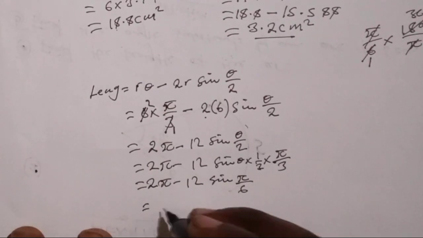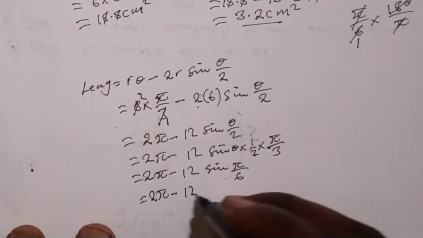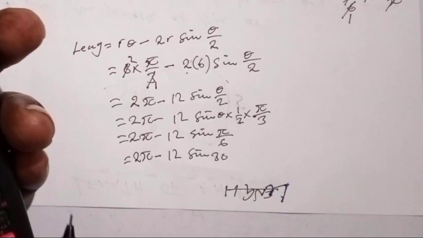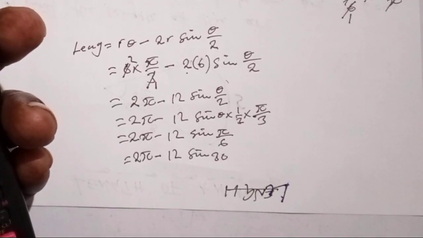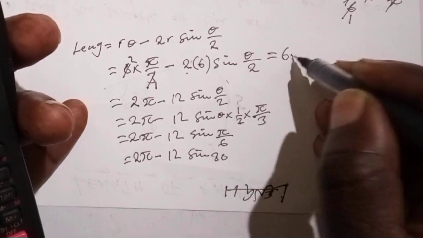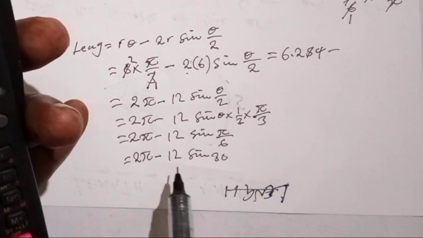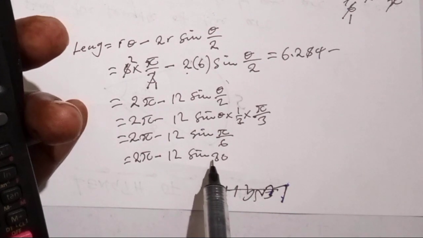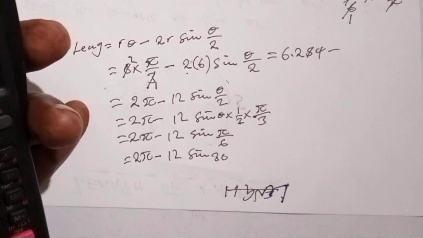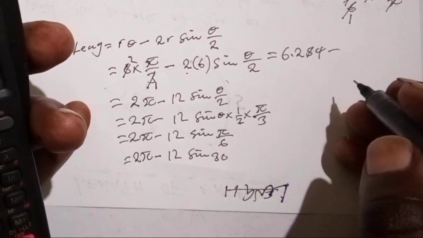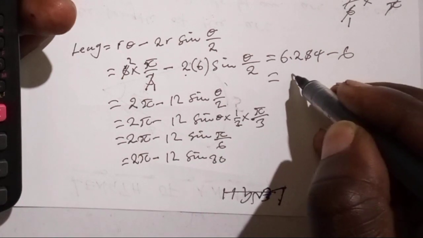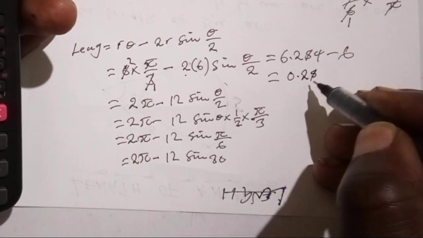And here it will be 2 pi minus 12 sine 30. 2 multiplied by 3.142, we are going to have 6.284 minus, when you multiply 12 multiplied by sine 30, because sine 30 is 0.5, so you multiply 12 by 0.5, which is 6. So 6.284 minus 6, we are going to have 0.284.